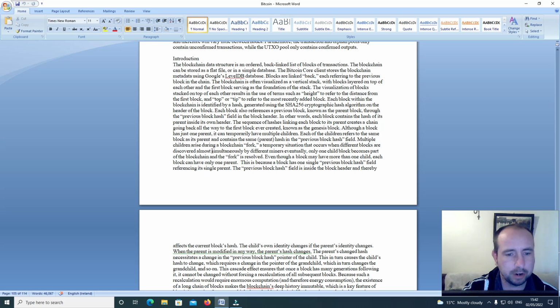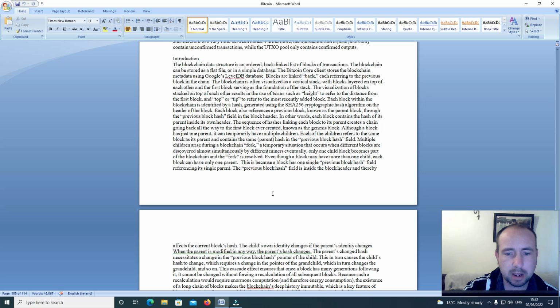Multiple children arise during a blockchain fork, a temporary situation that occurs when different blocks are discovered almost simultaneously by different miners. Eventually, only one child block becomes part of the blockchain and the fork is resolved.